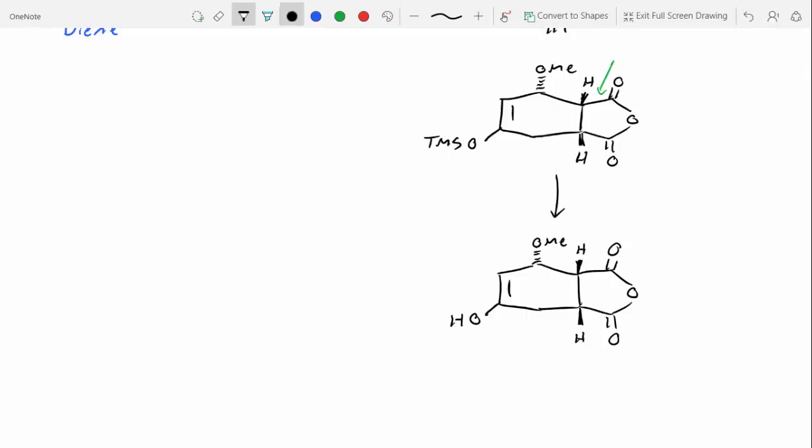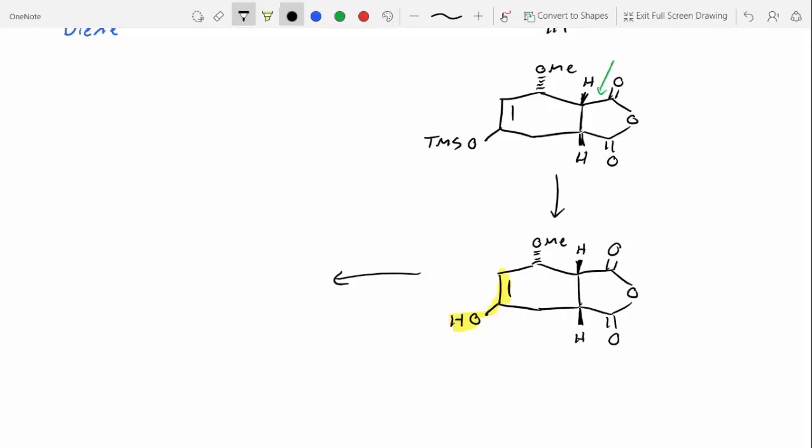We've got a special functional group. Think back to the alkyne chapter. Look at you guys started here. It's an enol. What do enols like to do? Tautomerize, right?